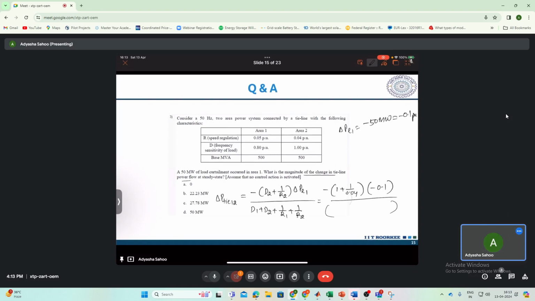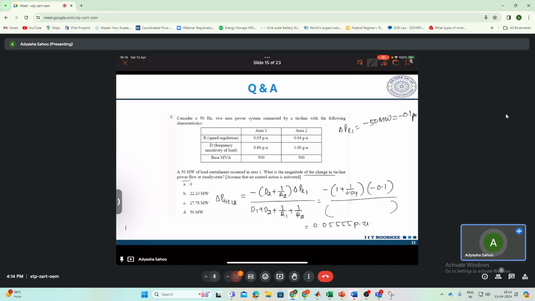If you do that, you will get 1 plus 0.8 plus the rest, so this will give you 0.0555 per unit.